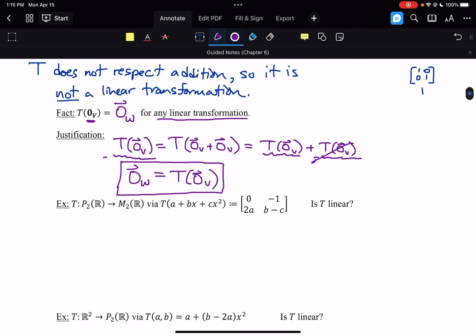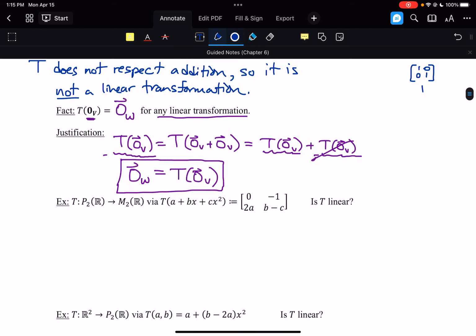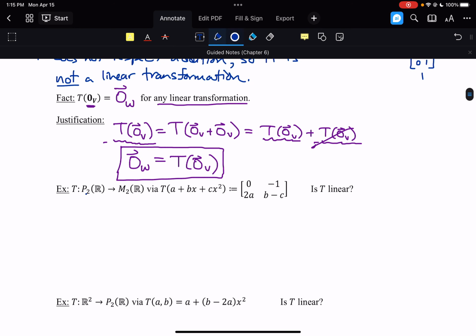So let's take a look at an example involving this. We have a transformation going from P2 of R to M2 of R via this transformation. So we're turning polynomials of degree 2 or less into 2 by 2 matrices using this specific relationship. Is T linear? Well, if we try out the 0 vector, the 0 vector for a polynomial is just the number 0. So A is 0, B is 0, and C is 0. That gives us 0, -1, 0, 0.